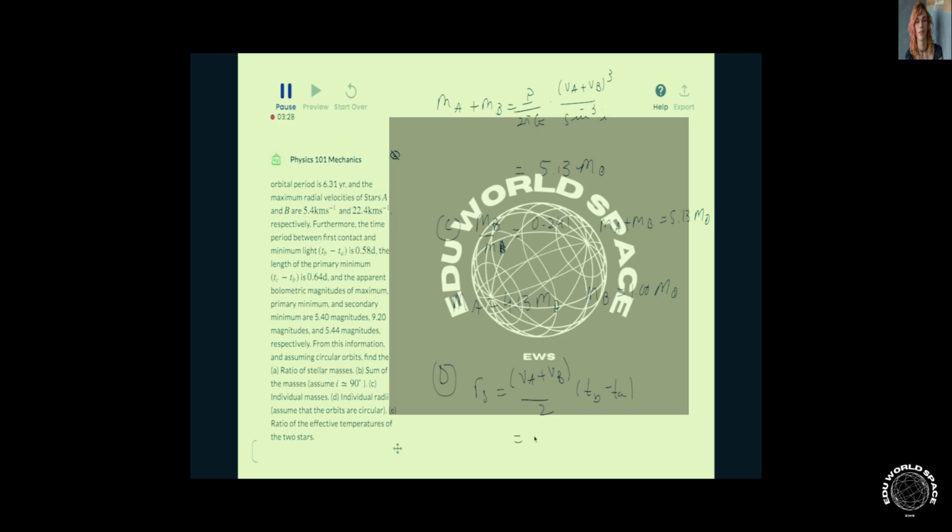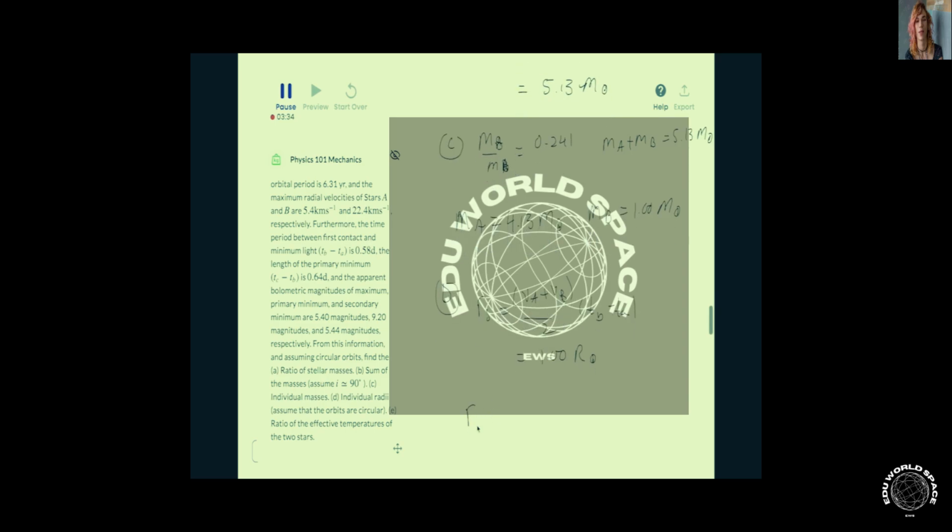Plug in our values, and I get about 1.00 times the radius of the sun. And we have another formula that says RL equals Rs plus (va plus vb) over 2 times (tc minus tb). Plug in your values, and you get an answer of about 2.11 solar radii.